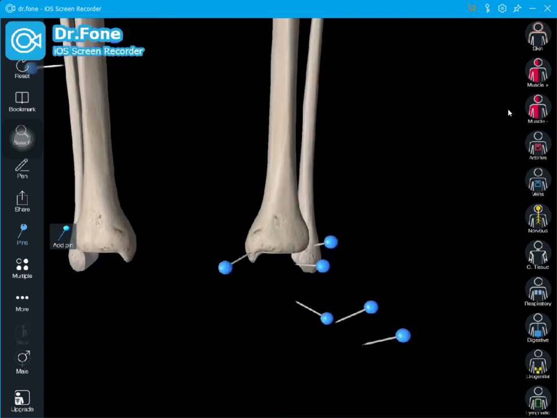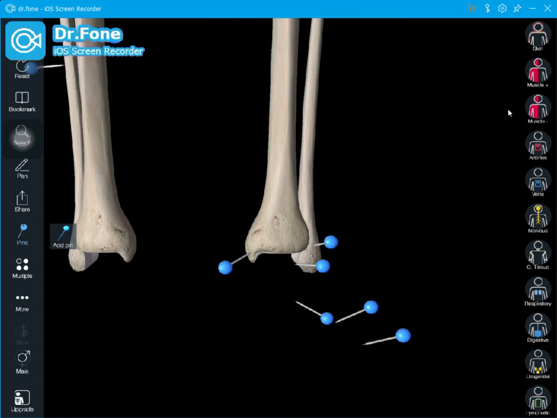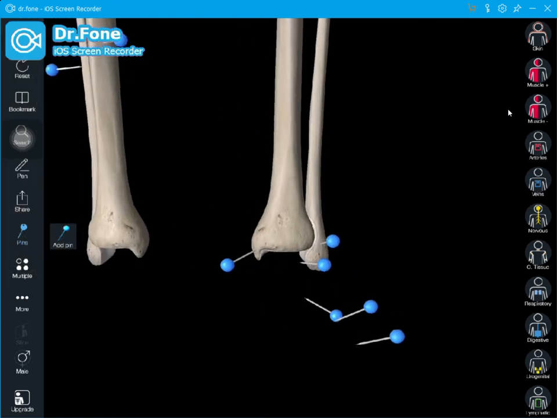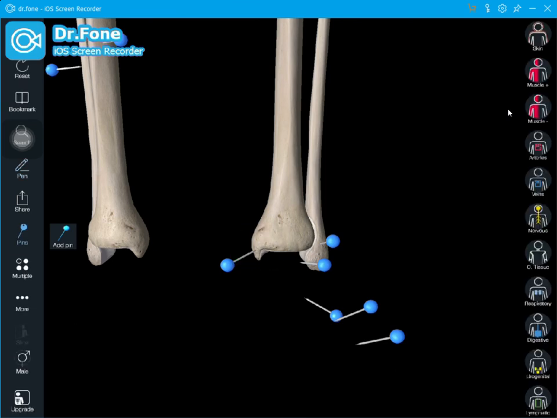So for your tibia, you have the bigger portion. You have a bit of a point there at the bottom, really hard to miss. This little point right here, that is your medial malleolus.